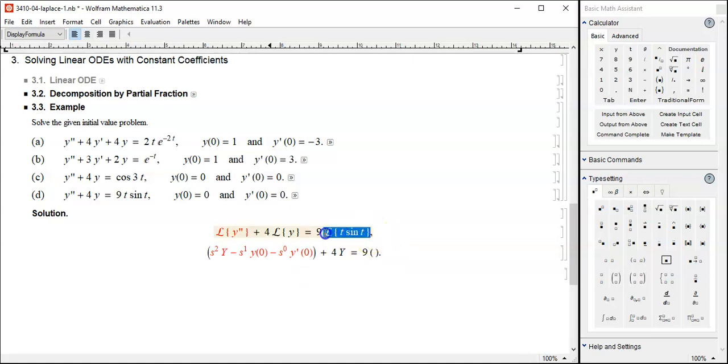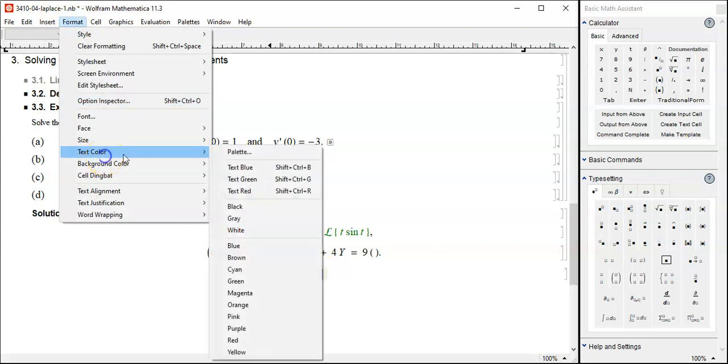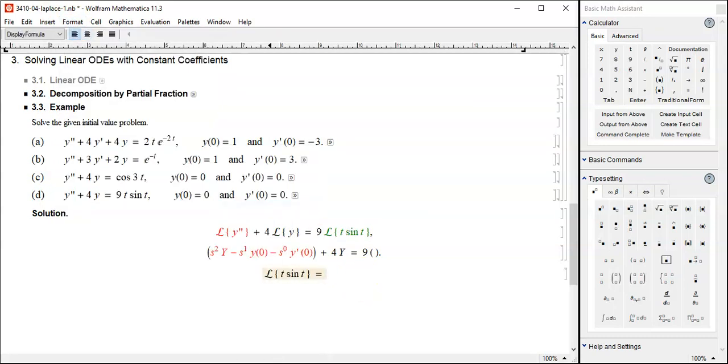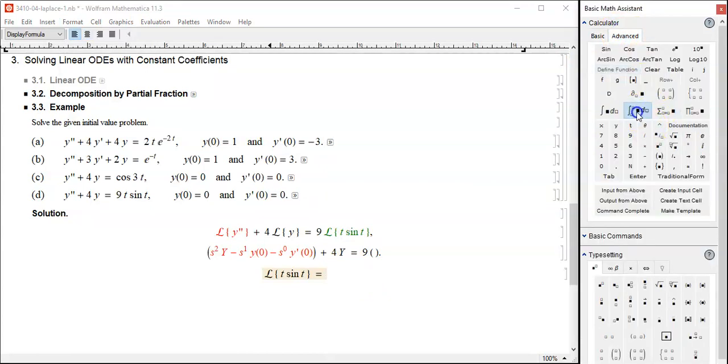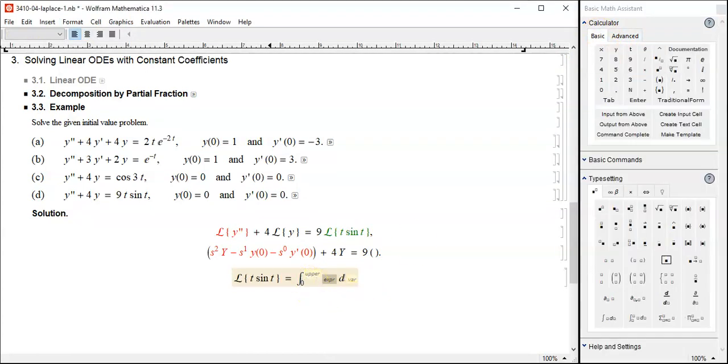Laplace transform of t sine of t is equal to the integral from 0 to infinity of e to the negative st times t sine of t dt, and we have to do this computation, and oh my goodness, this doesn't look very promising.